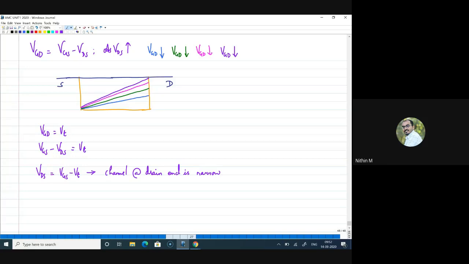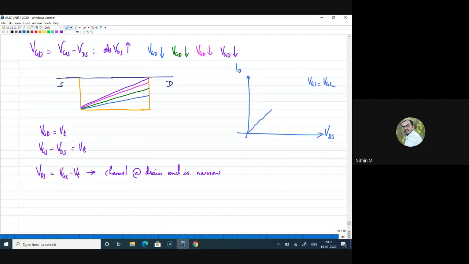Maybe I can take questions now, as there are only 8 minutes remaining. Tomorrow we will see how the characteristics will get modified because of this application of VDS. Probably you can think about the curve now. If I plot VDS versus ID at a particular VGS, say some VGS2, as you are increasing your VDS, your ID was also increasing initially.